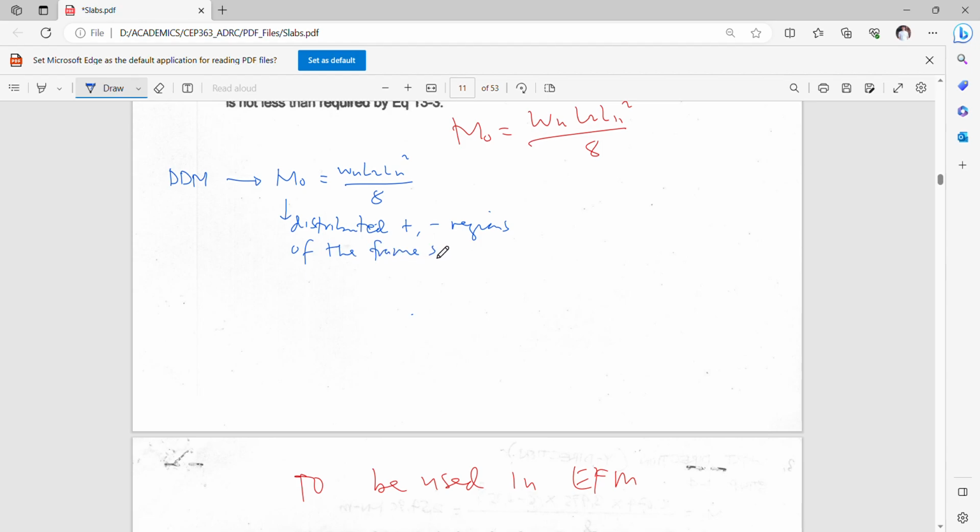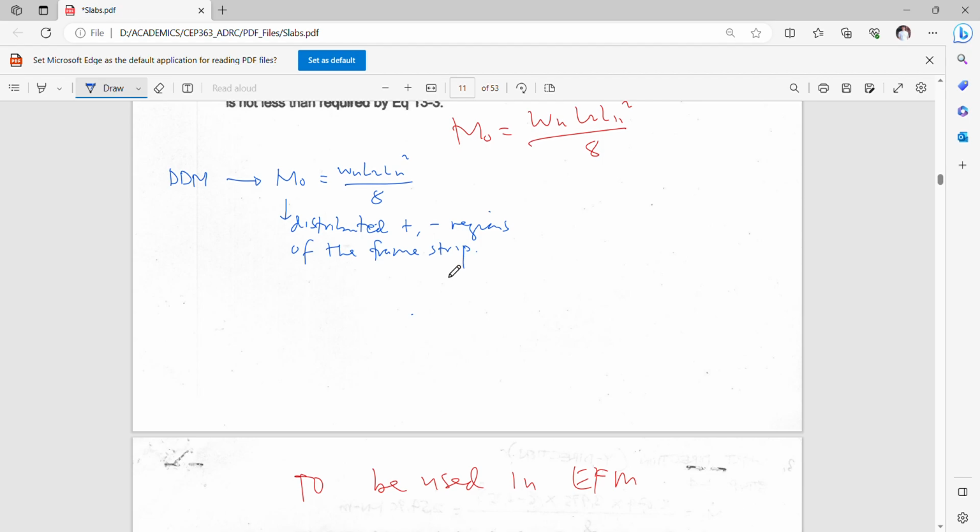So this frame strip is not different from the equivalent frame that we talked about earlier. The only thing is that it is discussed much more detailed in the equivalent frame analysis.